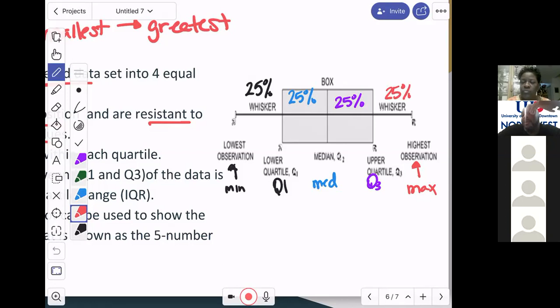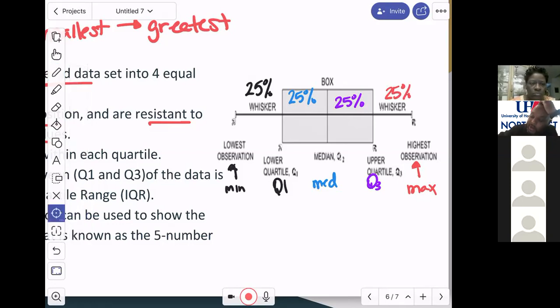When you work with quartiles, I could ask you a question like: true or false? There are more values from the median to Q3 than there are from the minimum value to Q1.